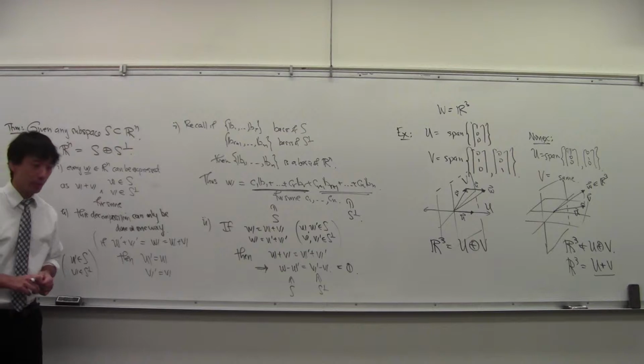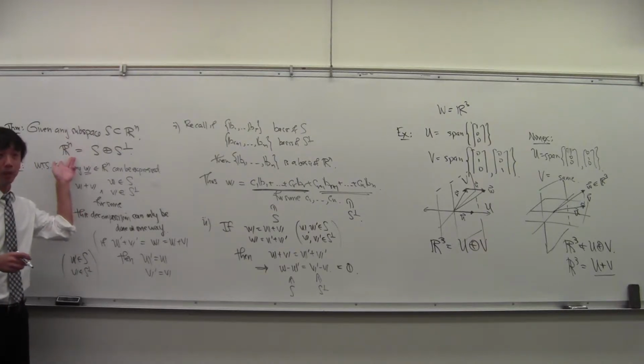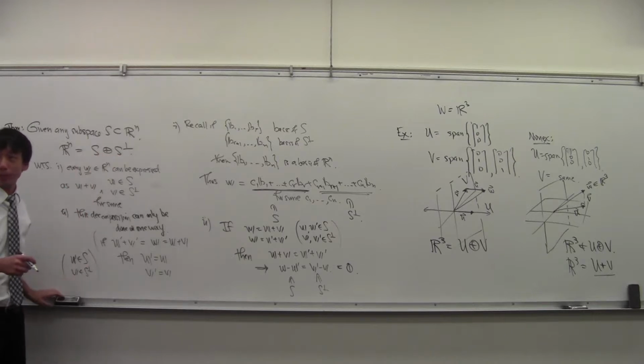Okay, so this will be pretty useful: given any subspace, you can break up Rn into the direct sum of that subspace and its orthogonal complement.